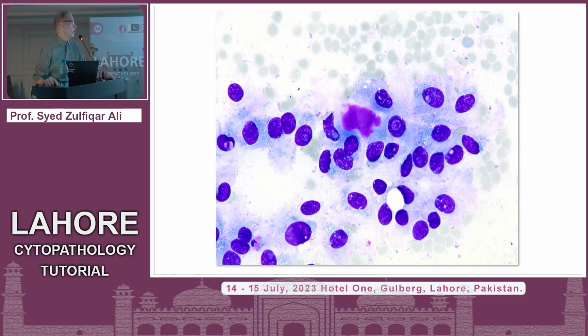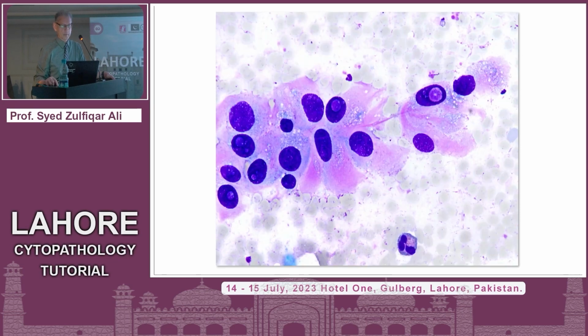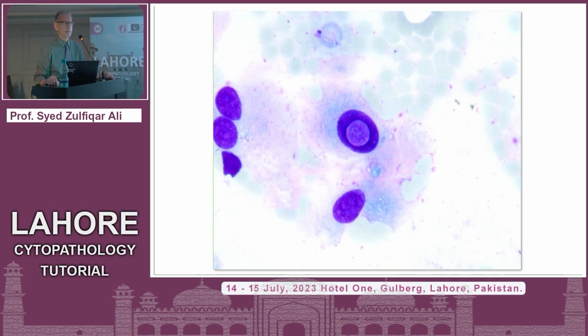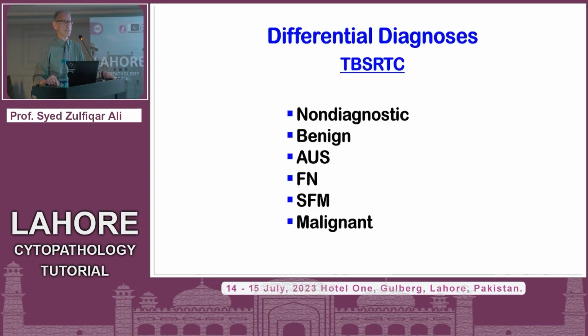And if you have any doubt, look at the granularity in the cell cytoplasm. If any doubt about the diagnosis and intranuclear inclusion, here you have it. So non-diagnostic, benign, AUS, follicular neoplasm, suspicion for malignant, malignant.